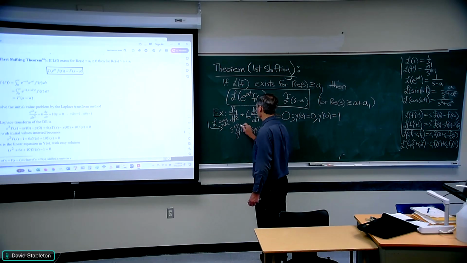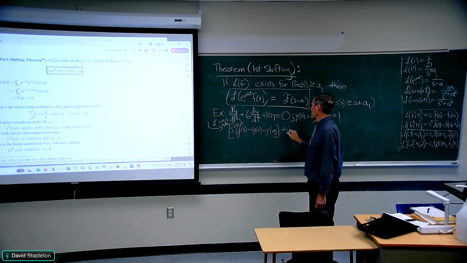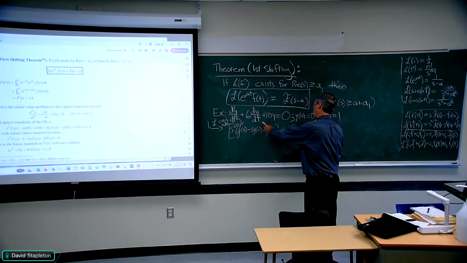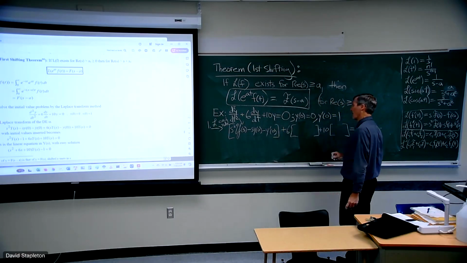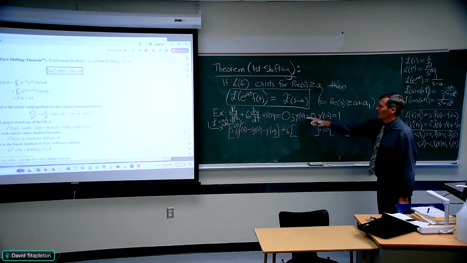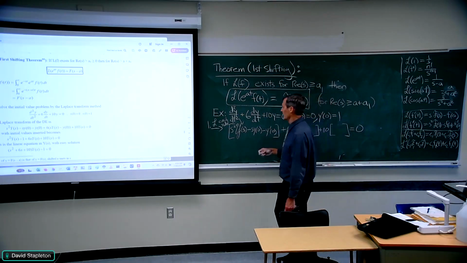There's the transform of the second derivative. Plus 6 times the transform of y prime plus 10 times the transform of y equals the transform of 0, which is 0. So there's the transform of the equation. It's 1, 2, 3: transform the equation, solve the algebra problem, inverse transform. That's what you do on every one of these, right?